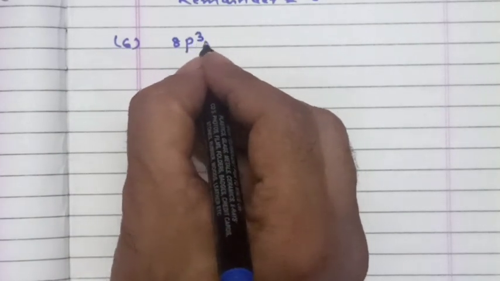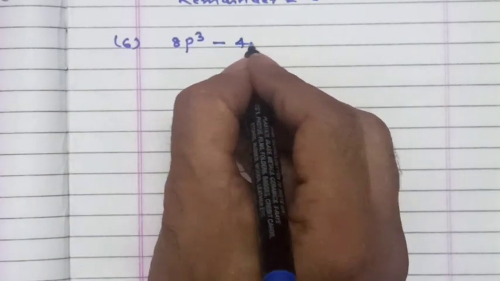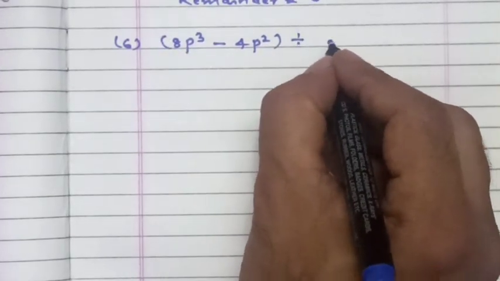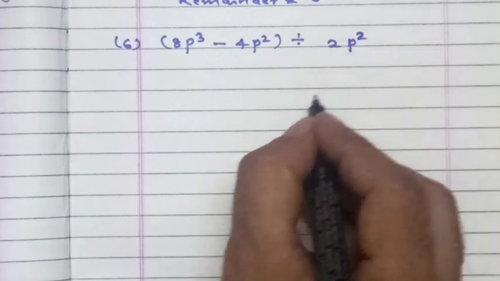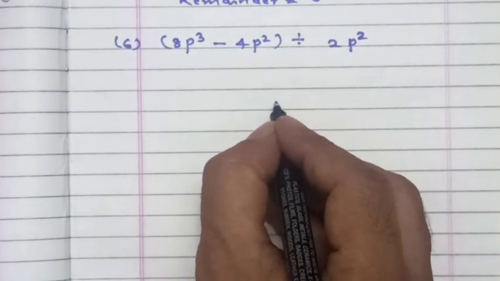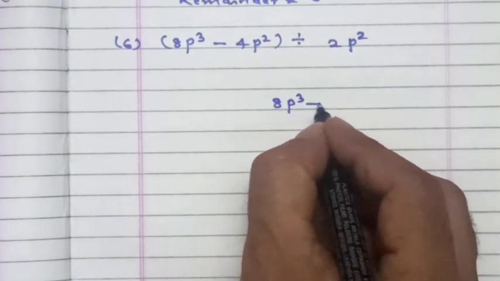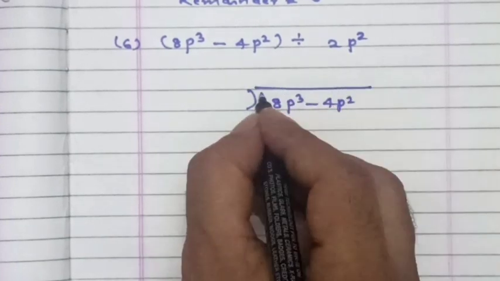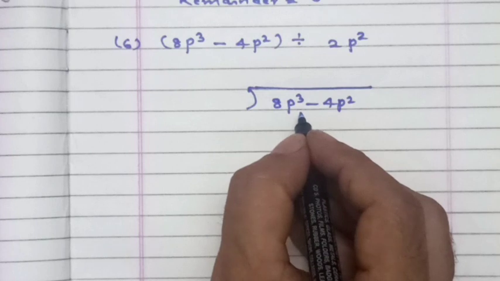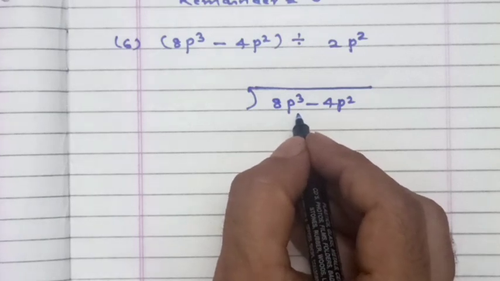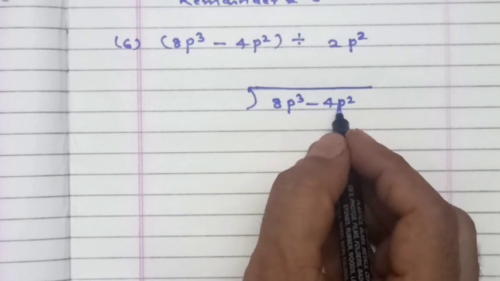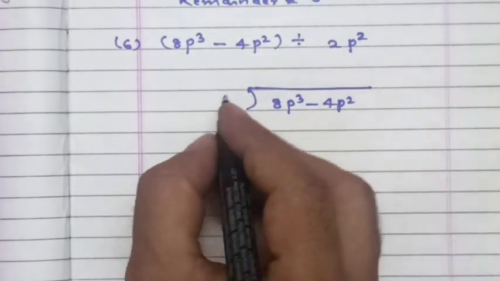Sixth question, 8p cube minus 4p square divided by 2p square. Inside you write down 8p cube minus 4p square. Outside, this is dividend. 8p cube minus 4p square is dividend, whereas divisor is 2p square.